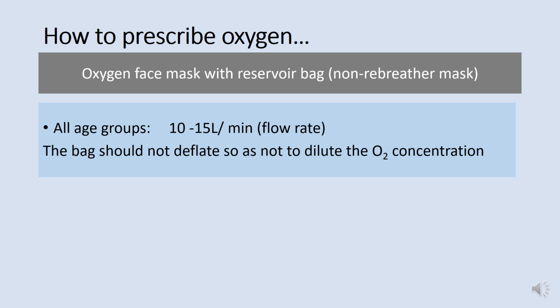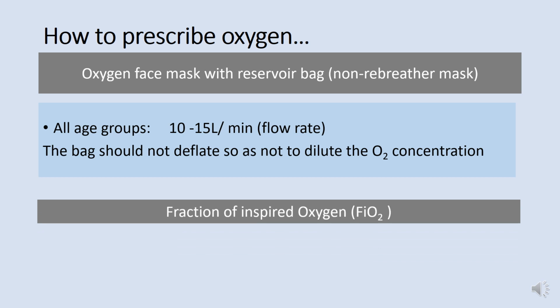It should be fully inflated. That way, the patient is not rebreathing carbon dioxide, okay? So it is important that the bag is full while the patient is receiving oxygen. The fraction of inspired oxygen by this method is 80 to 95% oxygen. Actually, it is the highest possible that you can give. That is the non-invasive delivery modes.